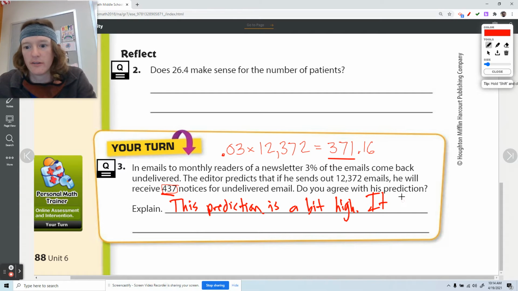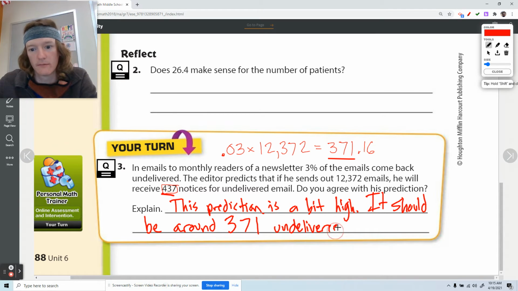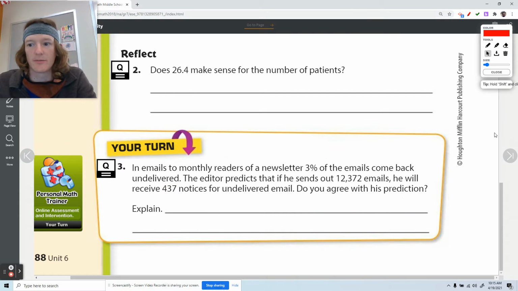It should be around 371 undelivered emails. And that's good enough. It's just a little bit high, because he said 437, but it was actually 371. I'm going to clear this out and go to the next page.